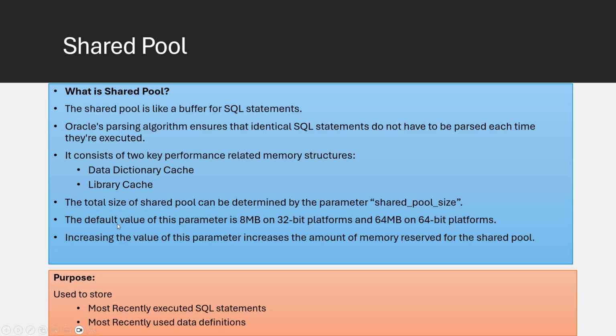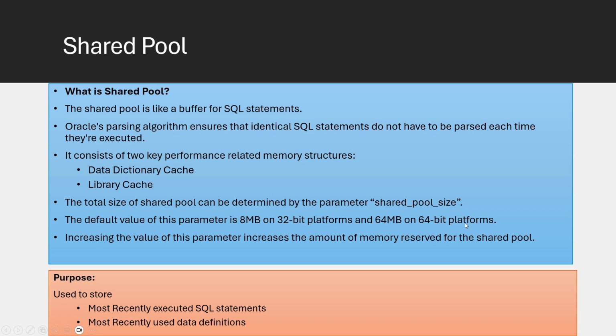The total size of the shared pool can be determined by a parameter in the parameter file, as I told you: shared_pool_size. You can define the size with this parameter. The default value is 8 MB on 32-bit platforms. Nowadays we are not using 32-bit, all are 64-bit only.